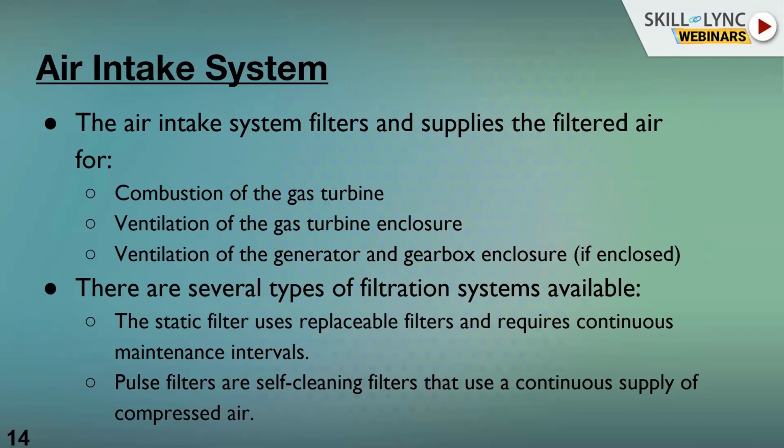Obviously, any of the components that we use are rated to a certain temperature. But as you can see from the basic principle, the concept of a gas turbine is to provide high heat. So when high heat is rejected, we want ventilation for all the surrounding components so that they can be cooled down to a required temperature and operate as intended.